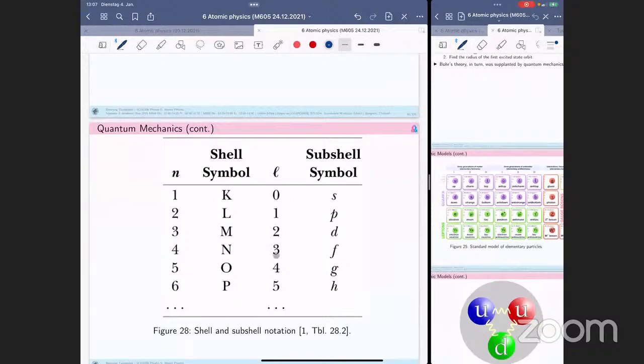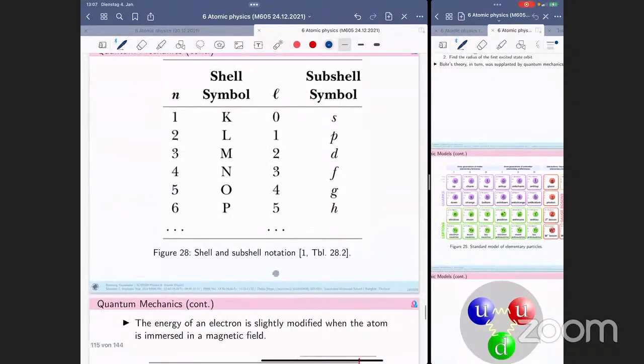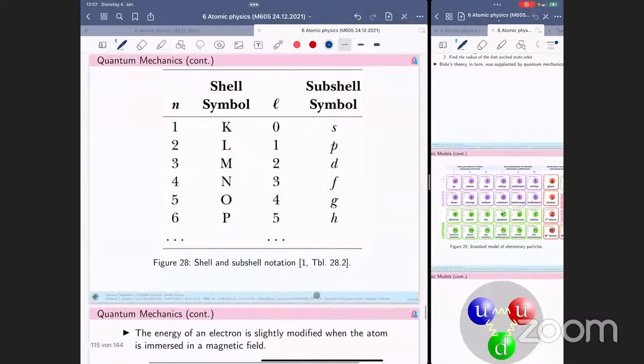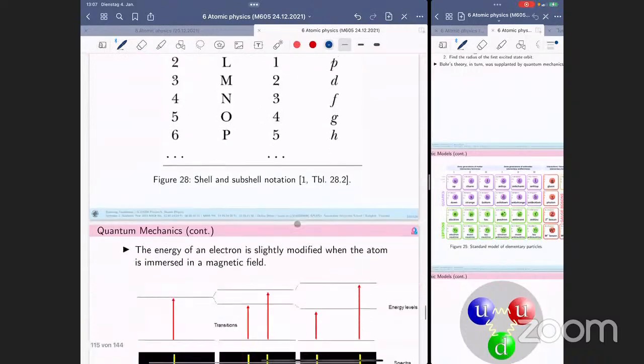For L equal to 3, we have the subshell symbol F. For L equal to 4, you have the subshell symbol G. For L equal to 5, we have the subshell letter H. Shell and subshell notation is borrowed from book number 1. This is in the standard form.